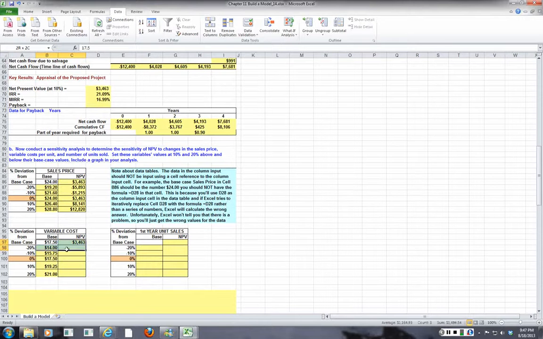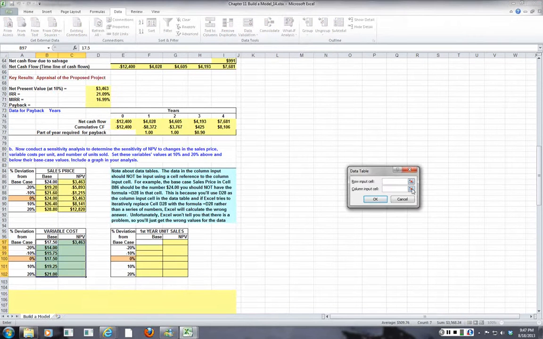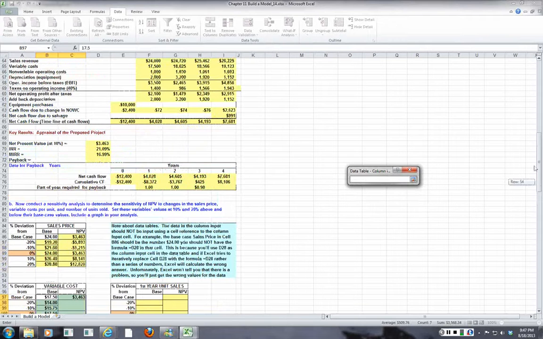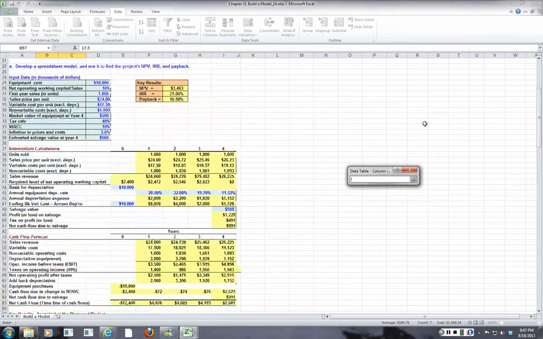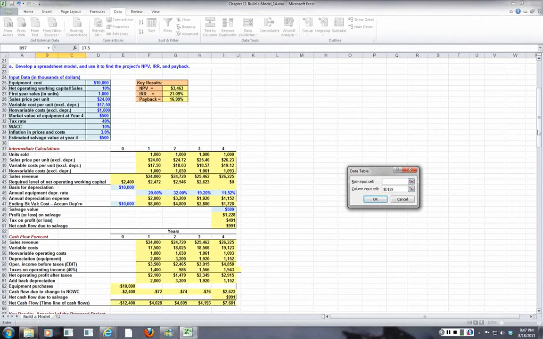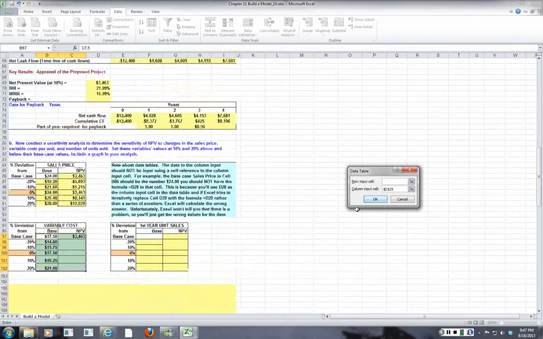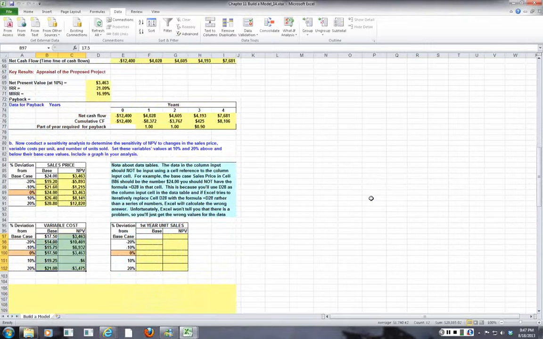How would those deviations impact the net present value? And to find that out, we go to our data table and we go up here and we come down, click it in there, and we see what those variations are.